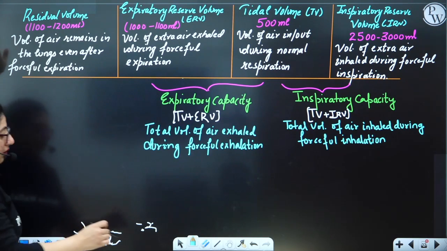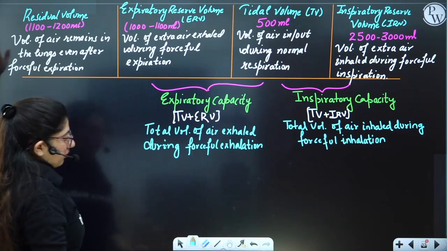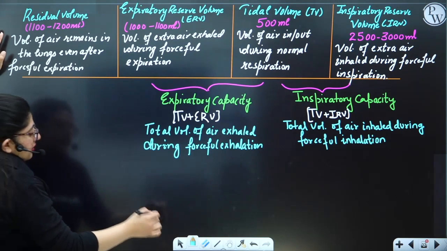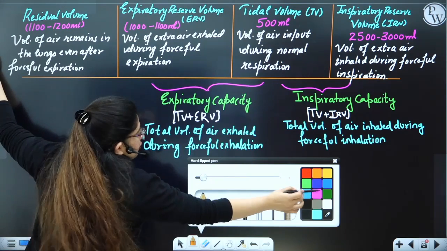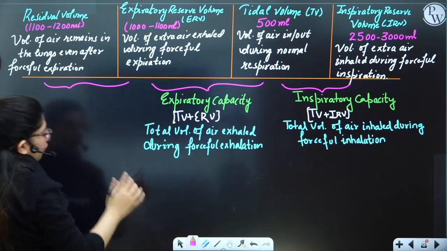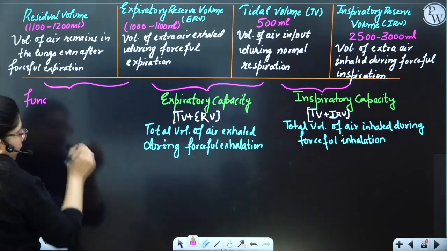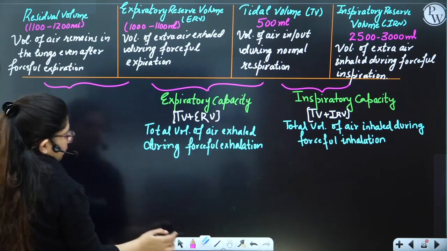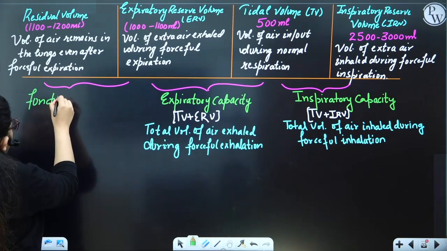So now listen to me very carefully, and let's discuss a very important thing, that is functional residual capacity, which is formed by the combination of ERV and residual volume.